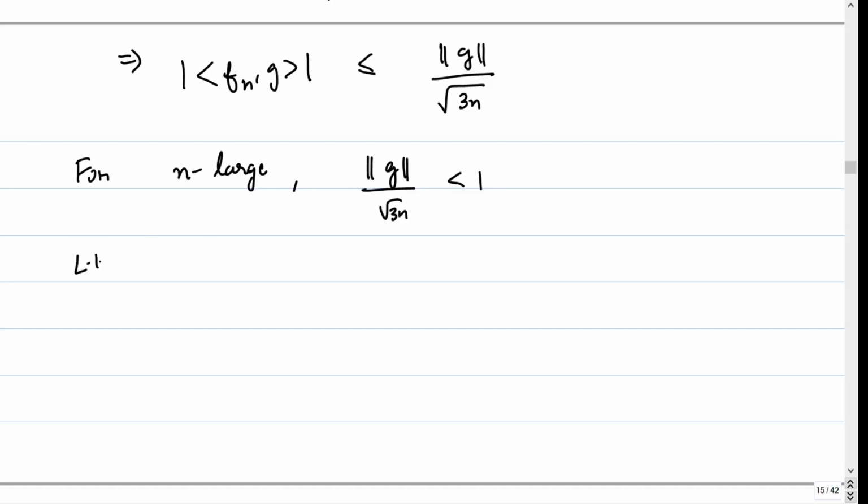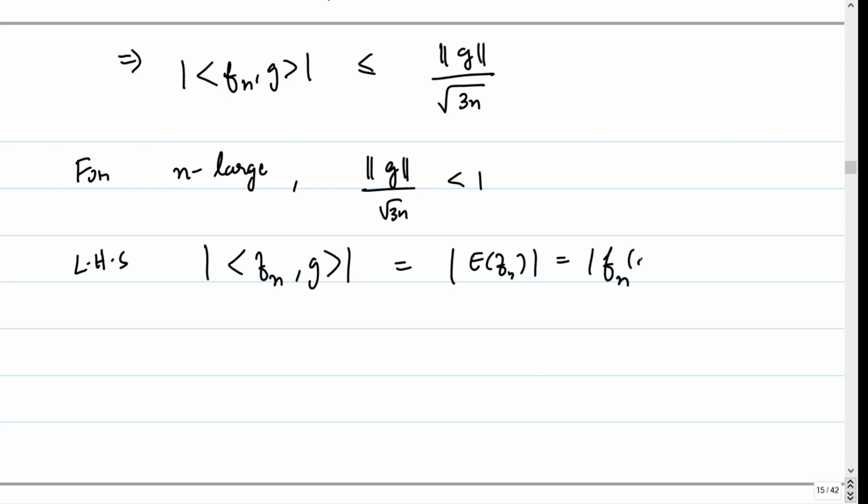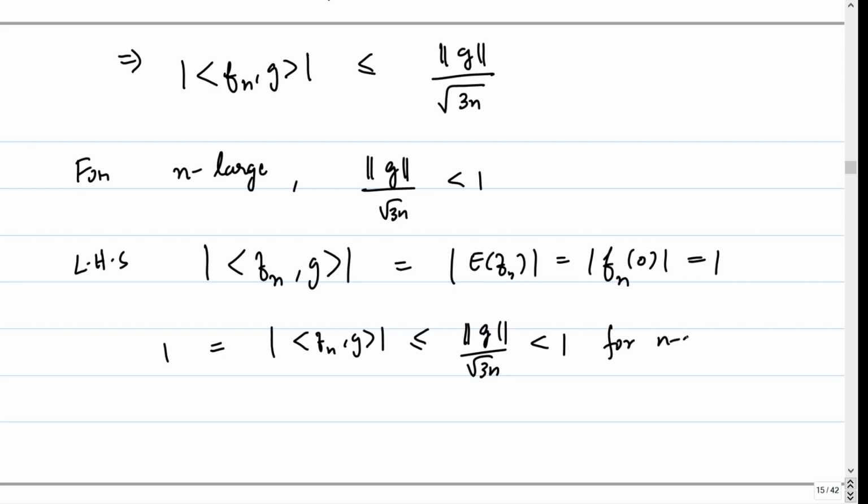But what is the left-hand side? The absolute value of the inner product of fn and g should be exactly equal to E of fn, which is the absolute value of fn of 0, which is 1. So we get 1 is equal to the absolute value of the inner product of fn and g, which is less than or equal to the length of g by the square root of 3n, which is strictly less than 1 for n large, which is a contradiction.